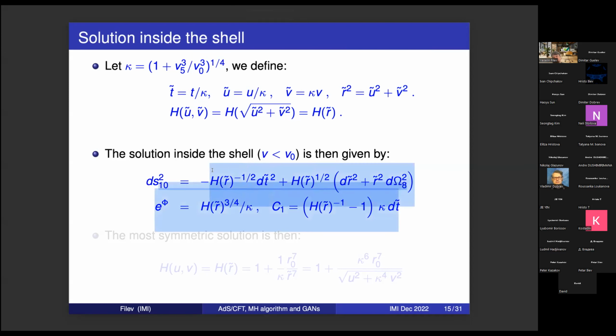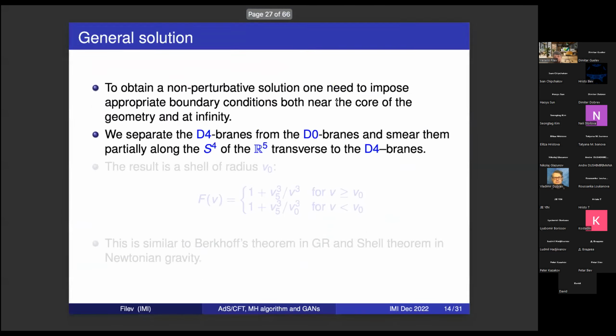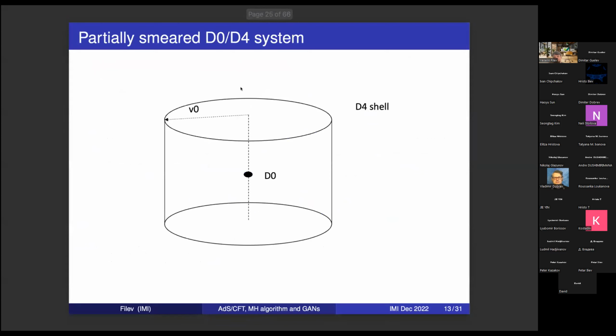It's not flat, right? It's the D0 background. The original D0 background has a spherical symmetry. Now, when you put this cylinder here, you now have an axial symmetry.